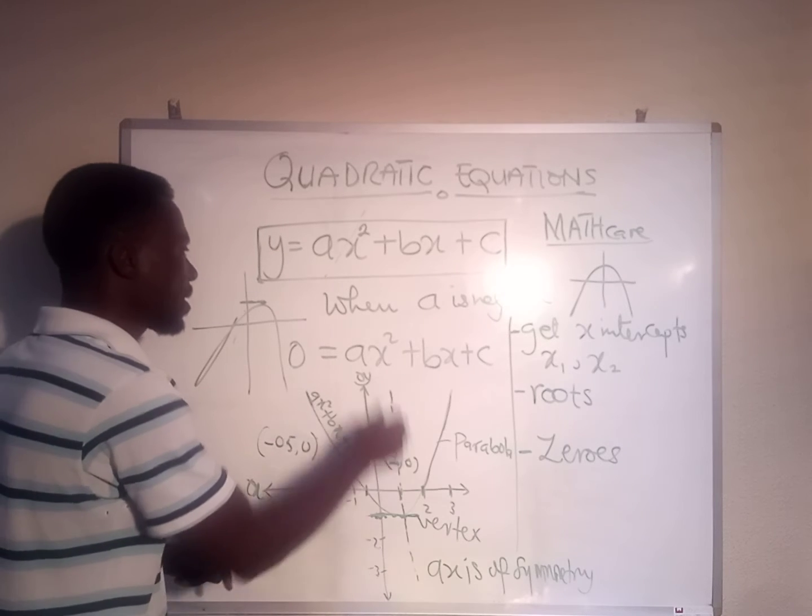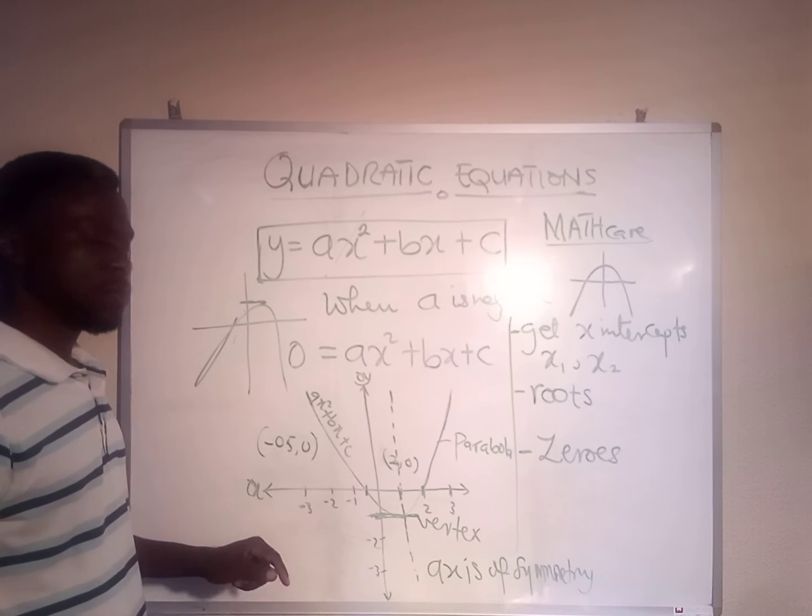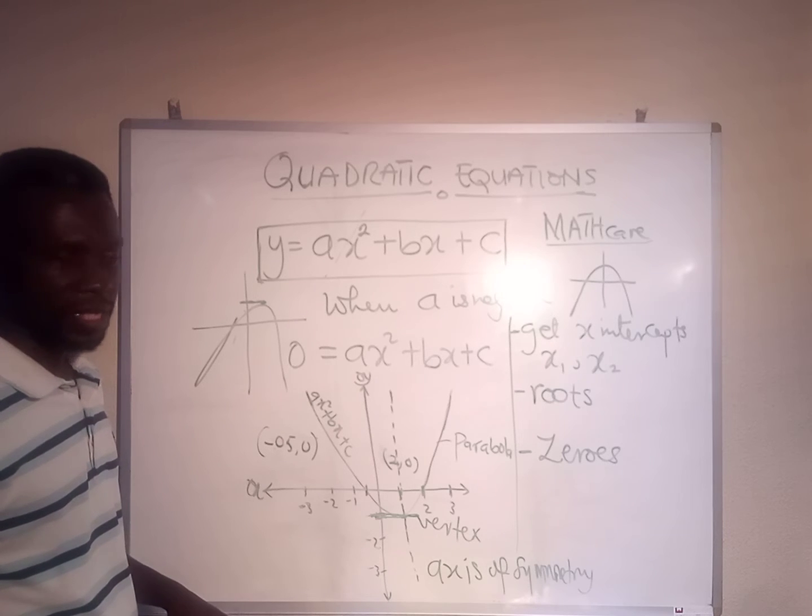In that case, when a is positive, you will have a minimum value at the vertex.